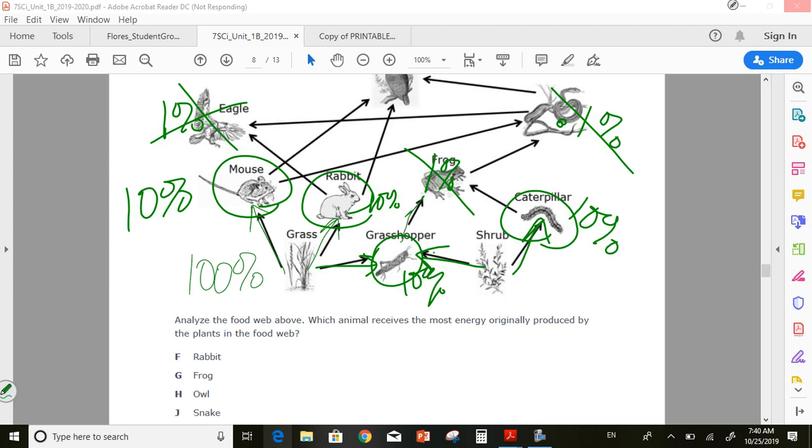Right? So rabbit receives 10%, the frog receives 1%, the owl could receive 1% if it ate the rabbit, and the snake gets 0.1 because it eats the frog, and the frog ate a grasshopper or a caterpillar, and then they ate the shrub. So J, H, and G cannot be your answers. Your best choice is the rabbit because it receives 10%.